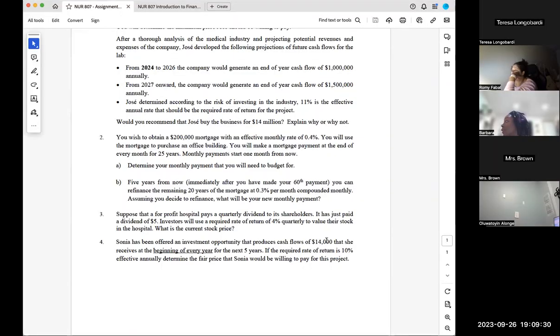Sonia has been offered an investment opportunity that produces cash flows of $14,000 that she receives at the beginning of every year for the next 5 years. If the required rate of return is 10% effective annually, determine the fair price that Sonia would be willing to pay for this project.